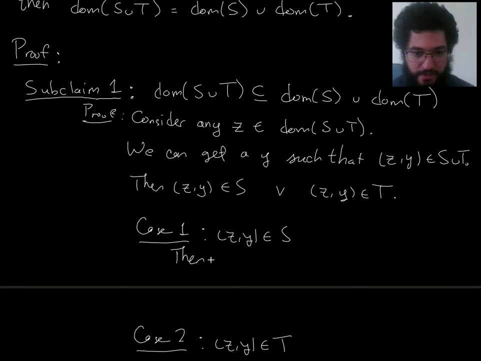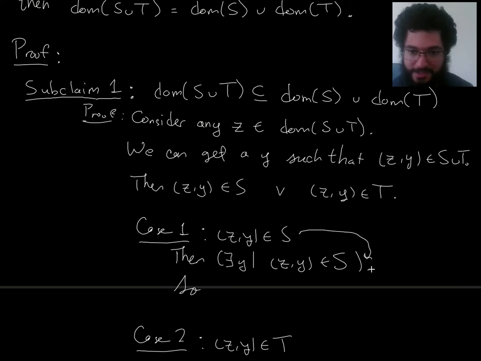So then there exists a y such that the pair z comma y is in S. So this is the existential generalization, straight from the case assumption. So z is in the domain of S.